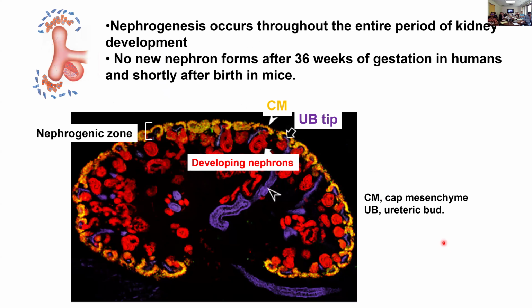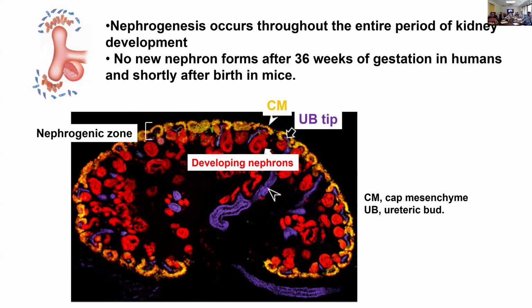One thing I would like to emphasize is that we talked about nephrogenesis being a reiterative event. The induction of nephron happens above the tip, also around the tip of the UB. But the most interesting thing is that if you look at a section of a developing kidney, it actually has all the structures of the developmental units.